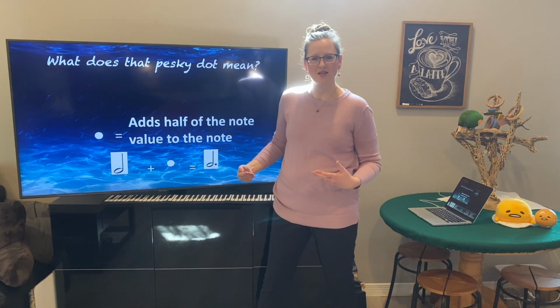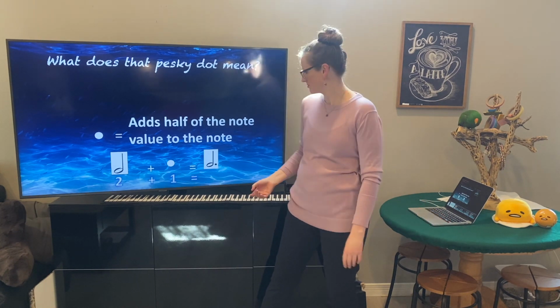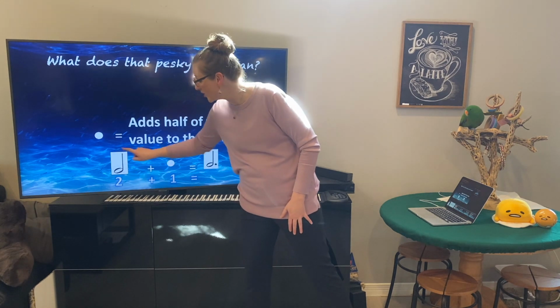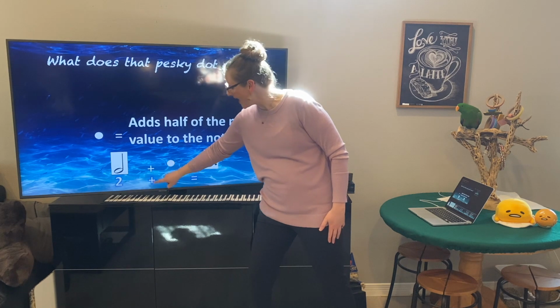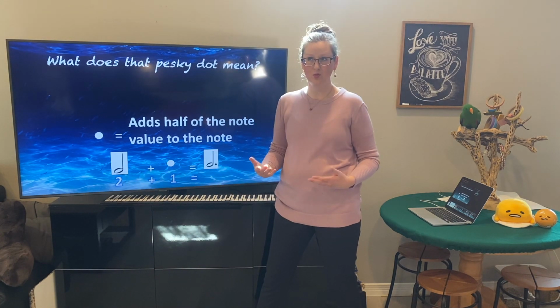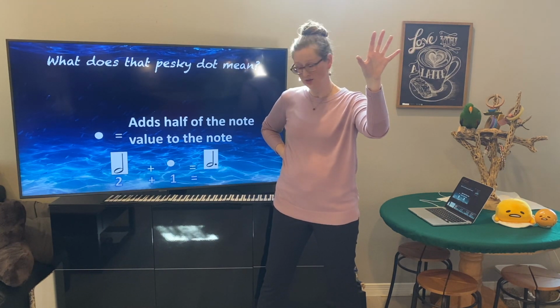So what does that mean for how many pizzas we give that note? Well, we already know that the half note is 2 beats long. And we add half of 2. So if we have 2 pizzas, we take one away, we have 1 pizza left.